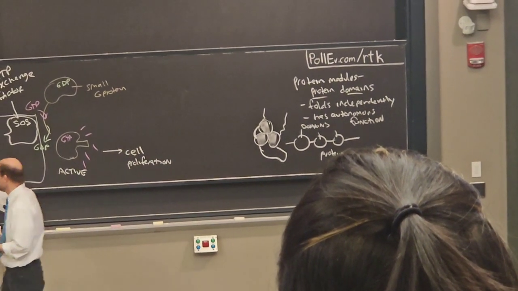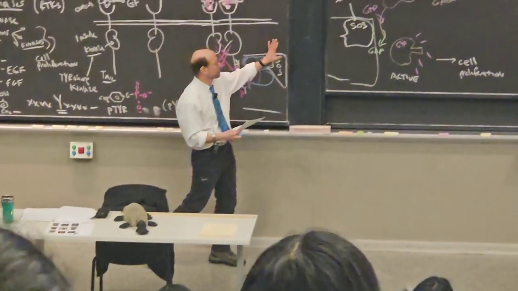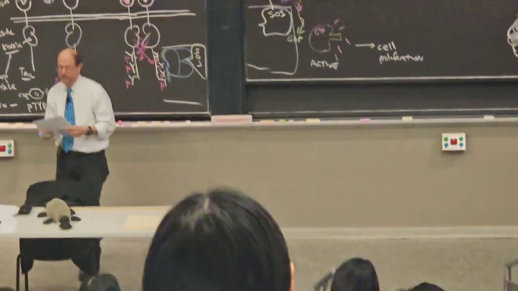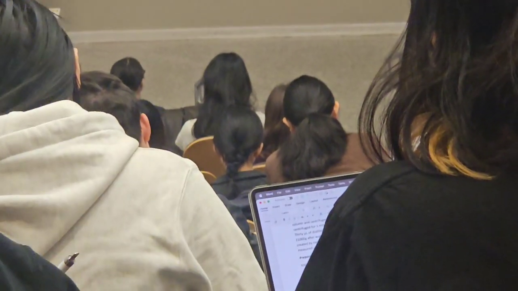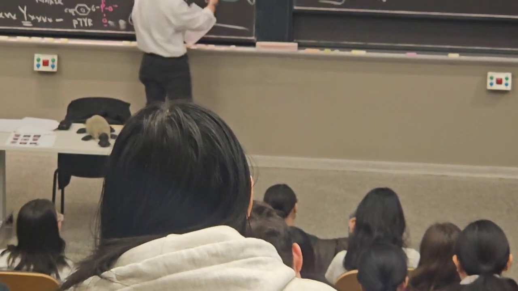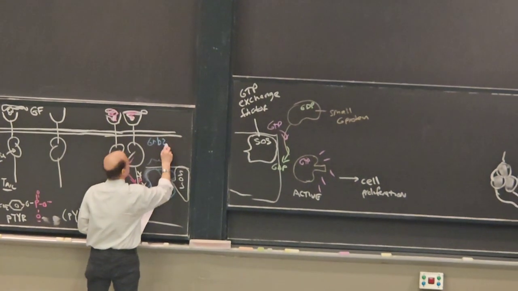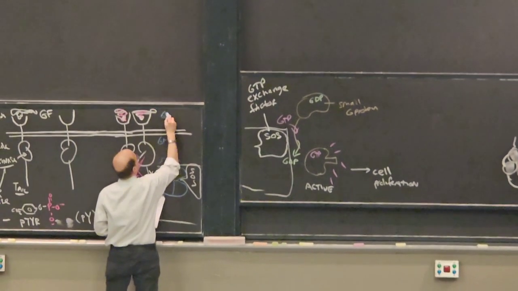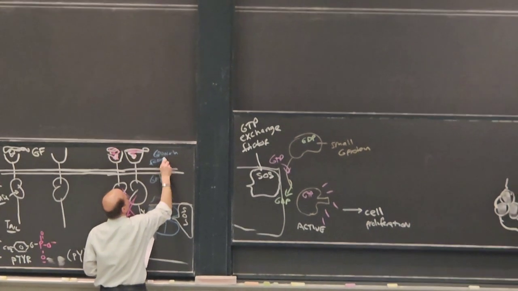And this molecule that I've drawn in blue, that is going to connect for us this phosphorylated growth factor to this GTP exchange factor, is an example of one of those modular protein domains. This molecule is called growth factor receptor binder 2, or GRB2.